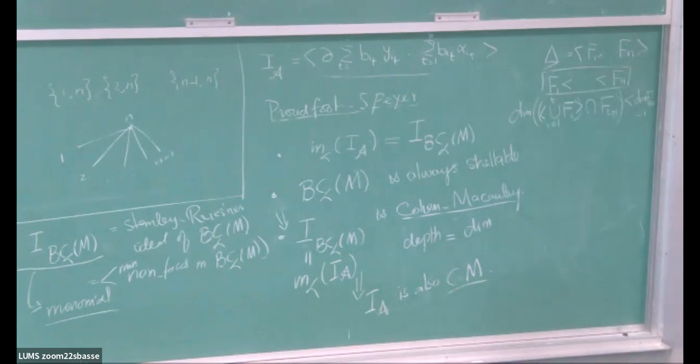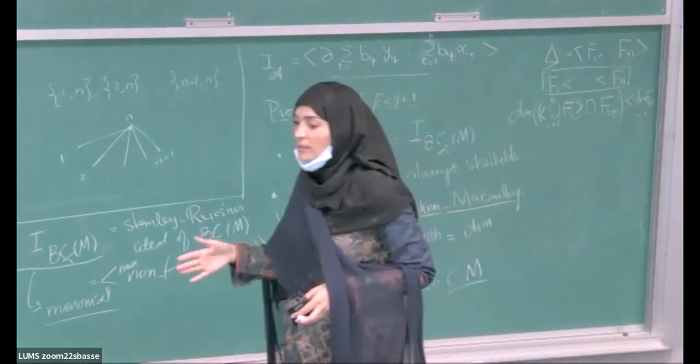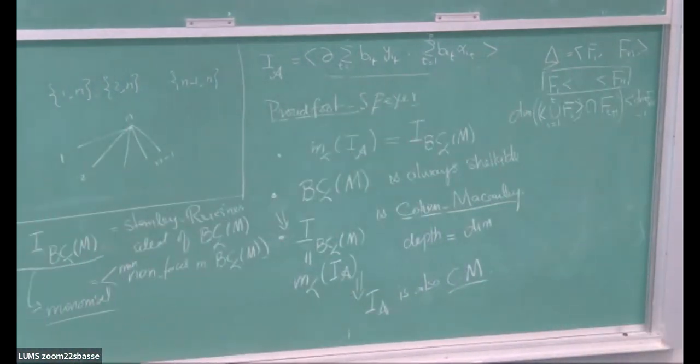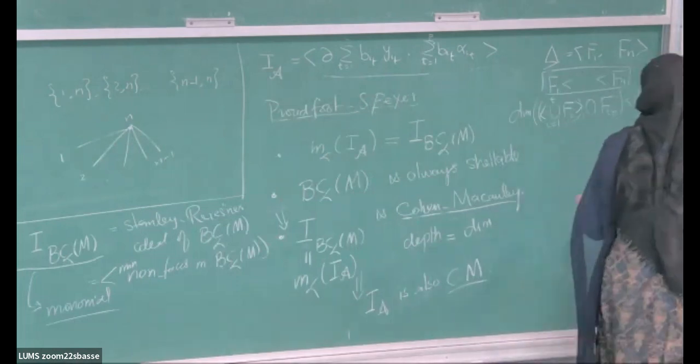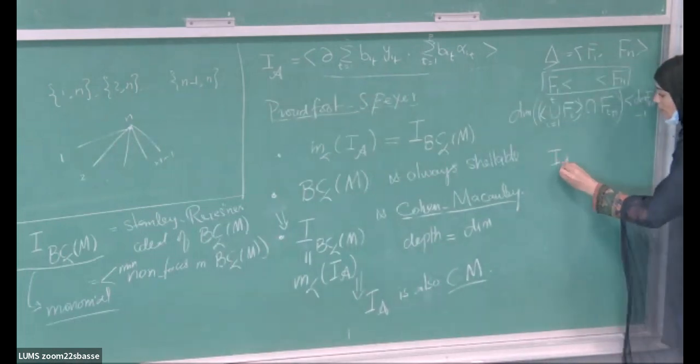So every time you consider the Orlik-Terao ideal, it is always Cohen-Macaulay, right? Now the question is whether this ideal admits a linear resolution or not.